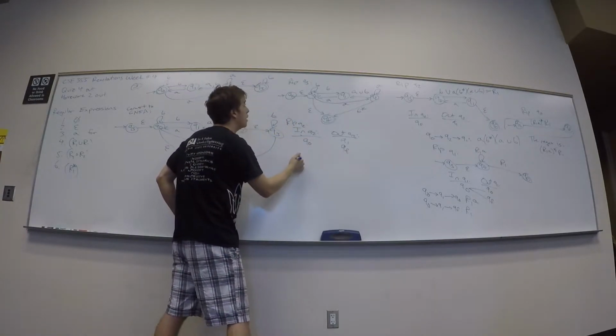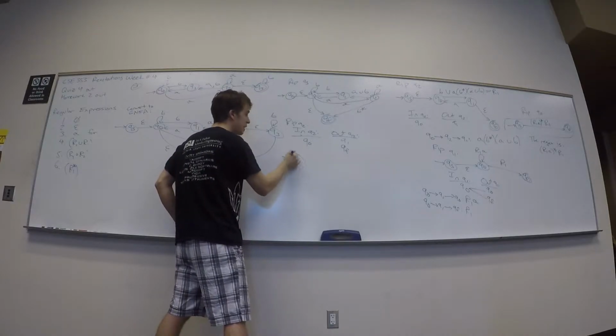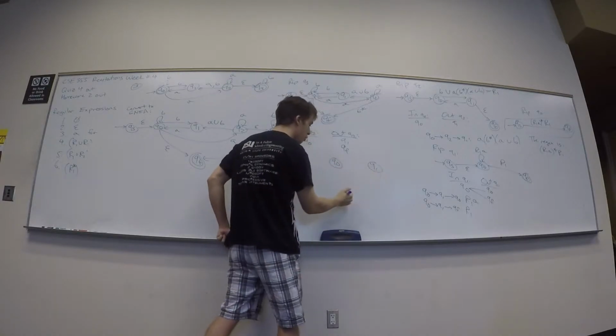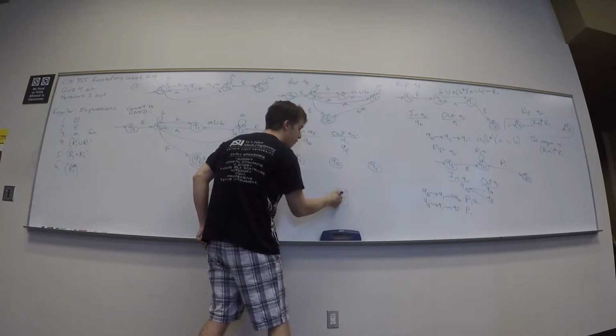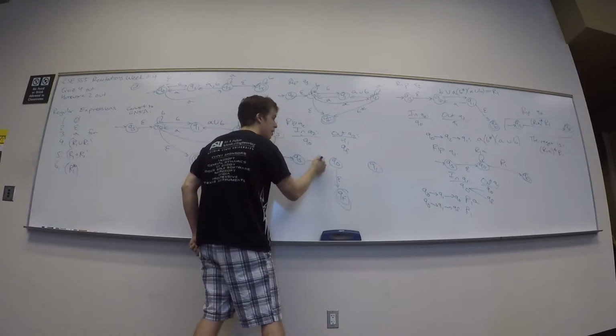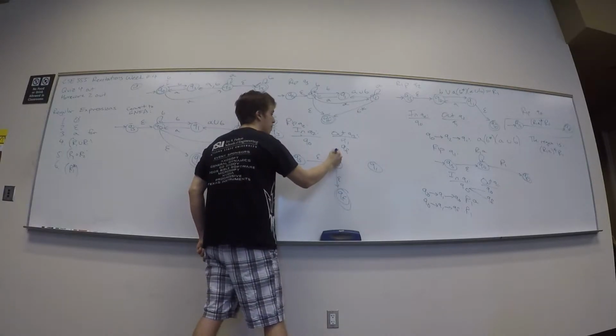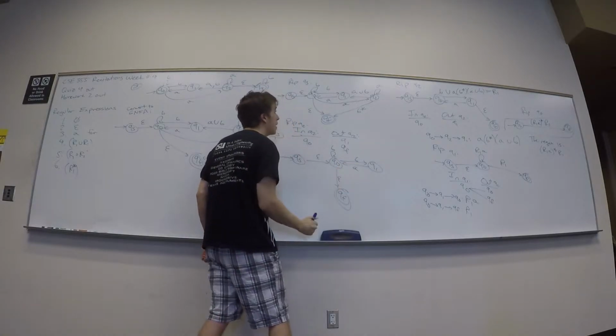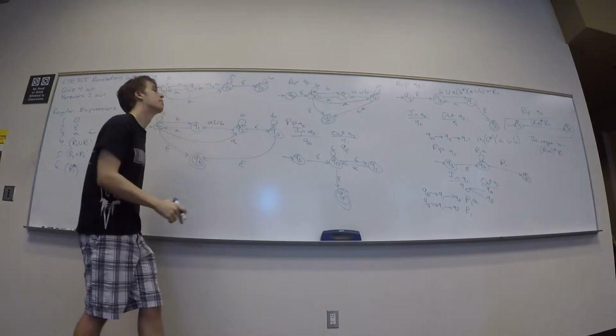So I'm going to have all the states as before. So Q0, Q1, Q2, QF, final, epsilon in, B, A, and everything else falls B.